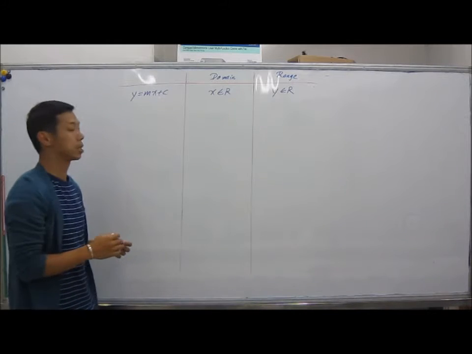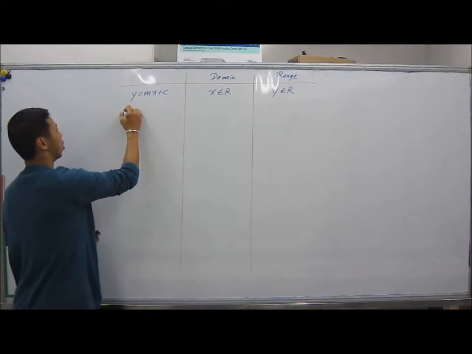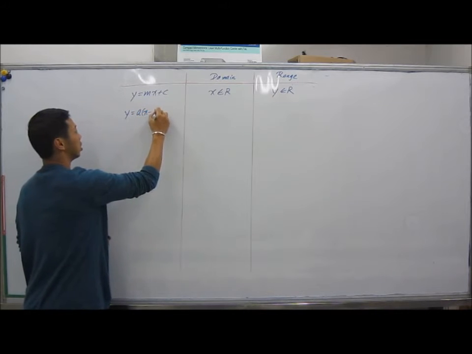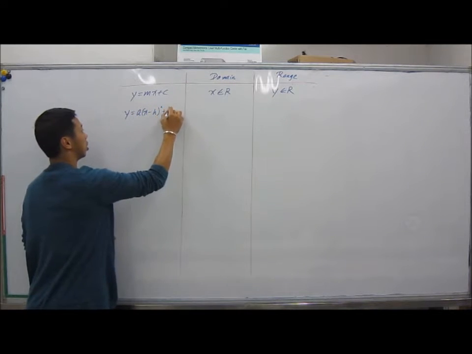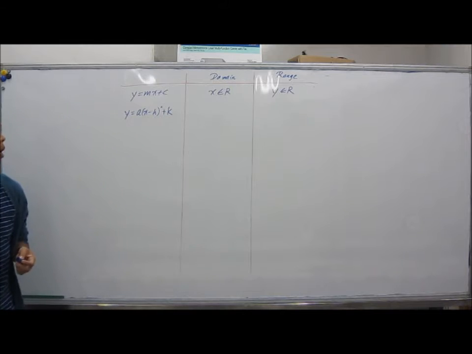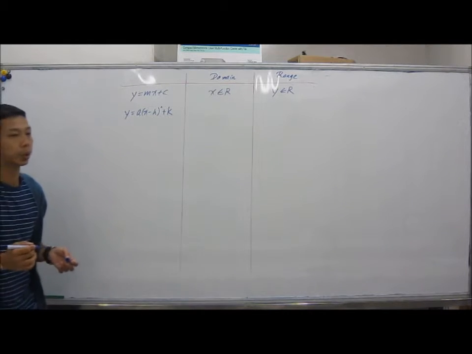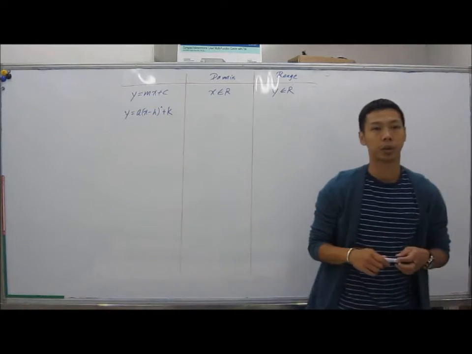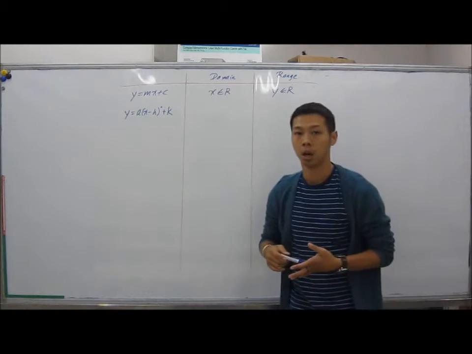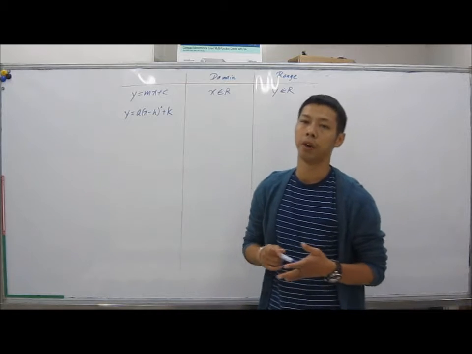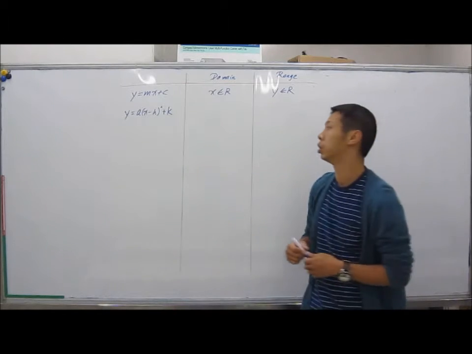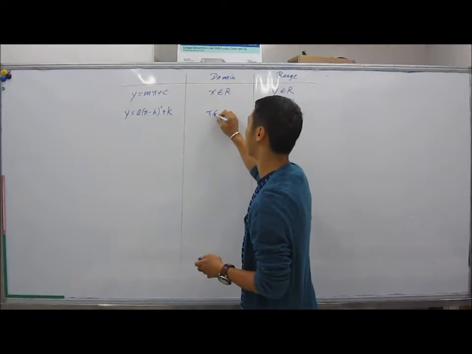And the next is the quadratic equation, y equals a brackets x minus h squared plus k. Here, first we talk about the domain. For the whole of our equation, x can be from negative to positive, so x can be all values.